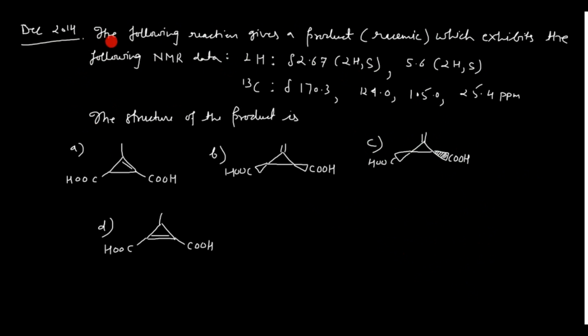The following reaction gives a product, of course a racemic product, which exhibits the following NMR data: proton NMR, a 2 proton singlet and a 2 proton singlet. That means you have singlets all the time in the NMR spectrum. Both should correspond to 2 protons. And carbon NMR: 170, 129, 105 and 25.